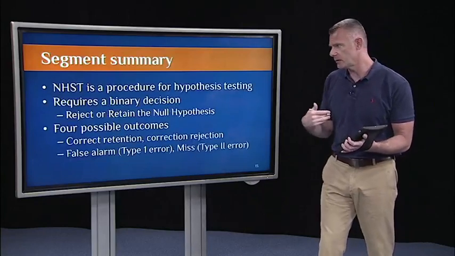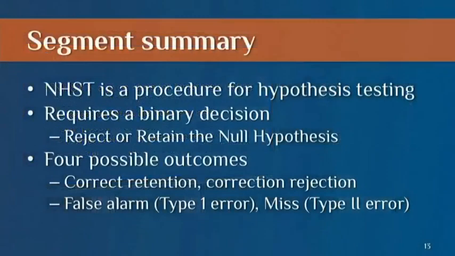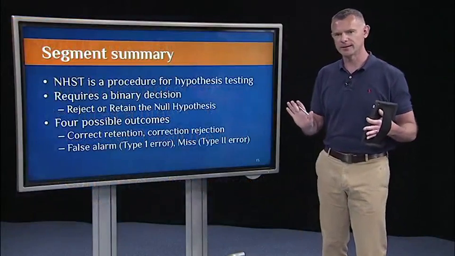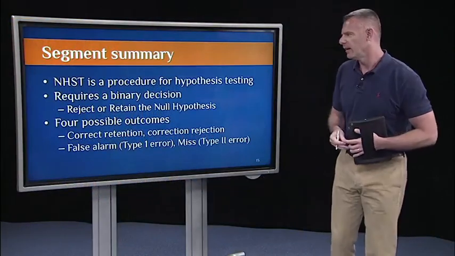So to summarize this segment, NHST is simply a procedure for hypothesis testing, and it's just one procedure. There are other ways to engage in hypothesis testing, which I'll talk about in the next segment. And I said I like to just think of it as a game. We're playing a game, NHST, which makes it a little less controversial if I think of it as a game.